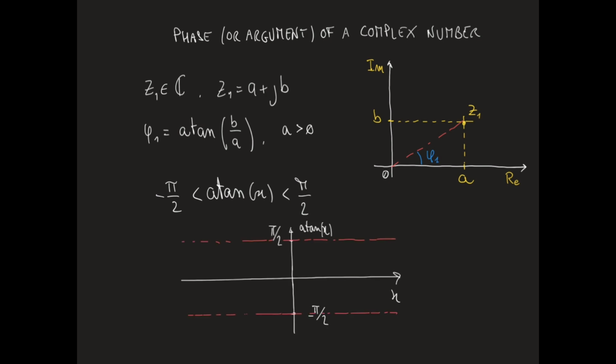Actually, the inverse tangent function asymptotically approaches pi divided by 2 for x going to infinity and minus pi divided by 2 for x going to minus infinity.